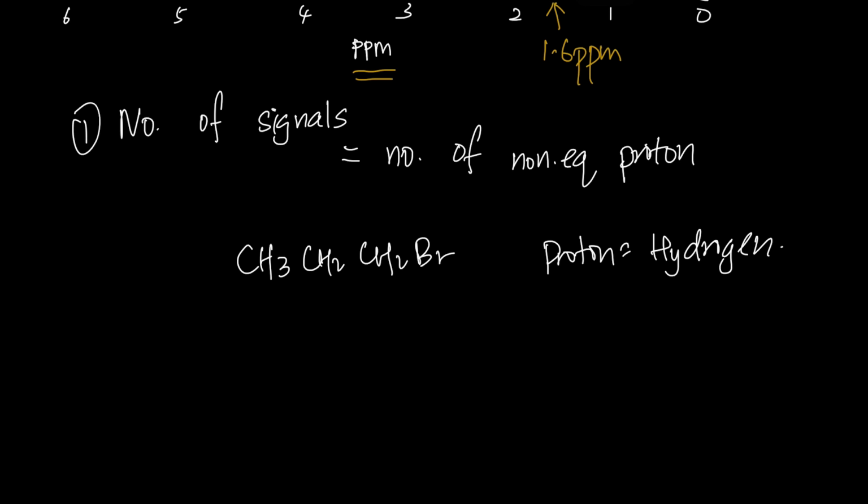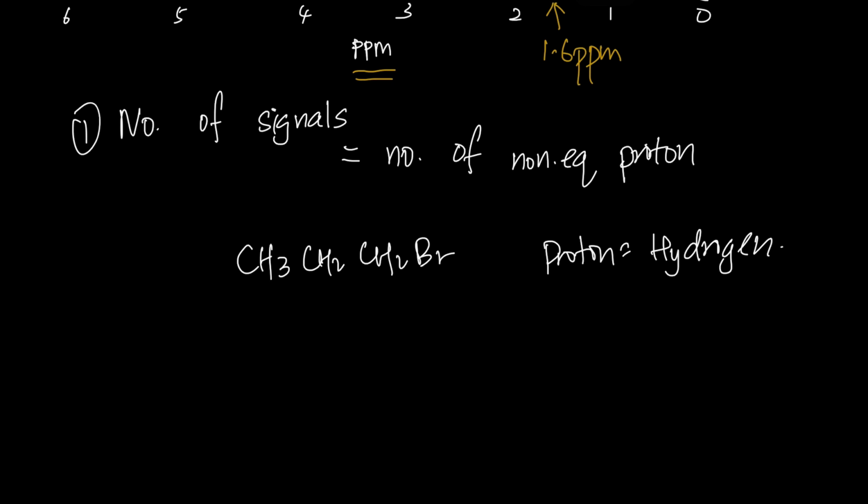But because some of the protons are equivalent, they are the same, they are going to give you one signal. So even though you have 7 protons here, you're not going to see 7 signals on the NMR spectrum.